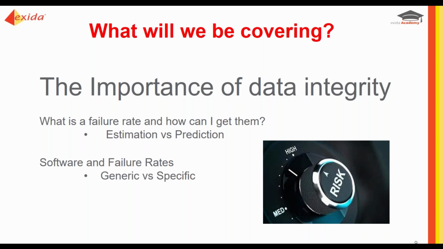Then we're going to talk about the different types of failure rates, and look at how having specific failure rates compared to generic failure rates can really adjust your safety calculations by even an entire safety integrity level. And we're going to go through an example of that today as well with one of the modules in the software that we just talked about.